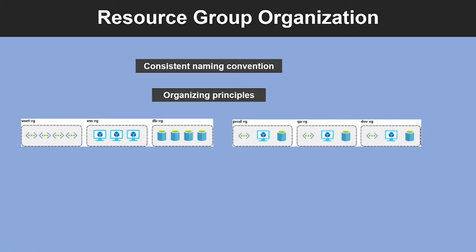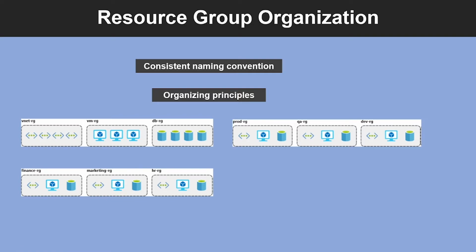Another way is to organize them by environment, for example production, QA, or dev environment. In this case, all production resources are in one resource group, all test resources are in another resource group, and so on. Another way of organizing is by department: marketing, finance, HR, etc.